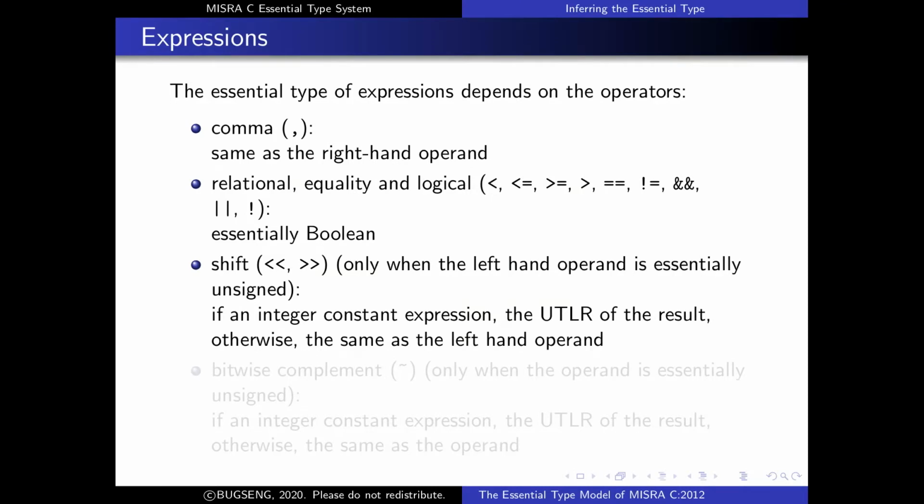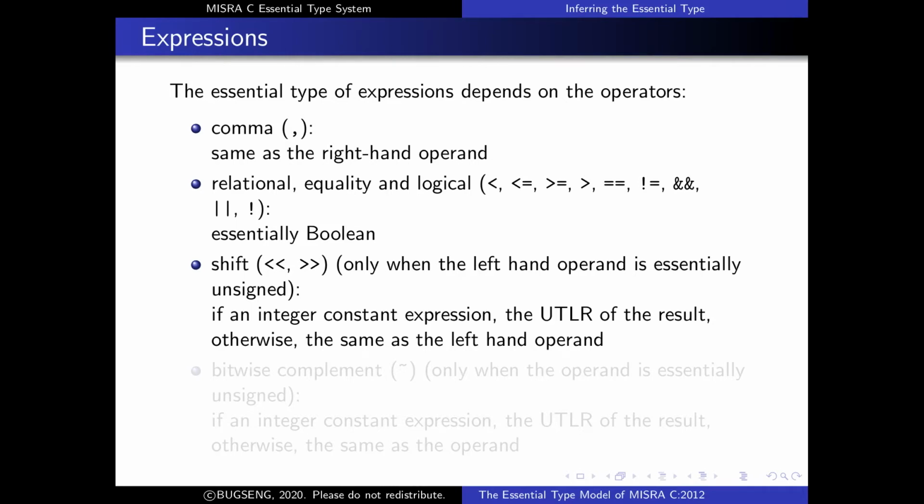If you are not playing clean, for example, when you are shifting signed quantities, which is implementation defined, then MISRA C says you are on your own. So the essential type will be the same as the C standard type. So it makes no sense that we define this case. Okay, that's why the rule for the shift is only valid when the left-hand operand is essentially unsigned.